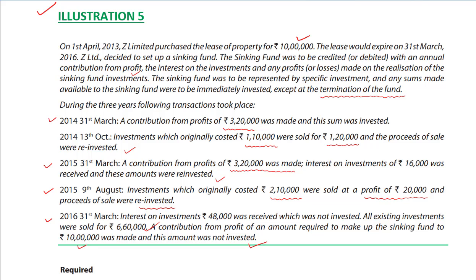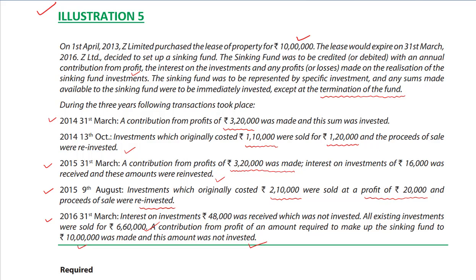The sinking fund was to be represented by specific investment, and any sums made available to the sinking fund were to be immediately invested except at the termination of the fund. During the 3 years the following transactions took place.